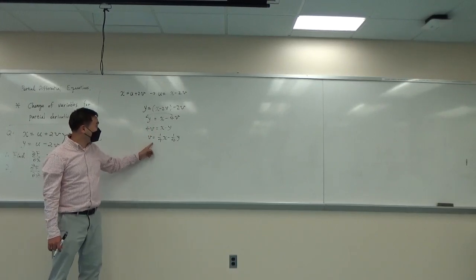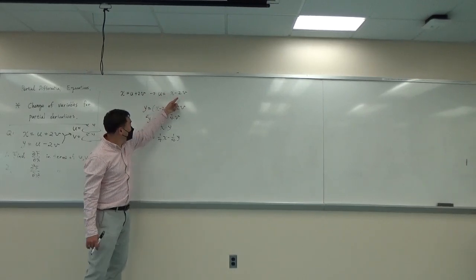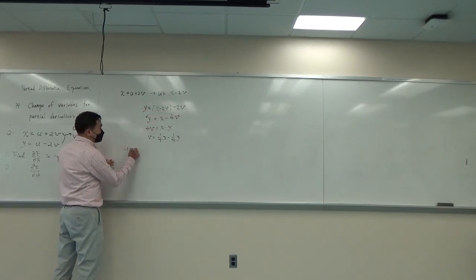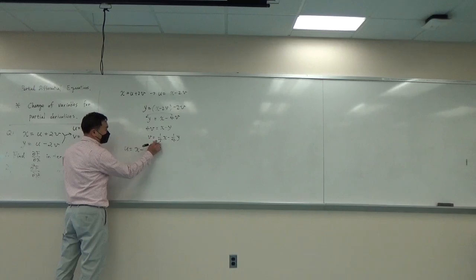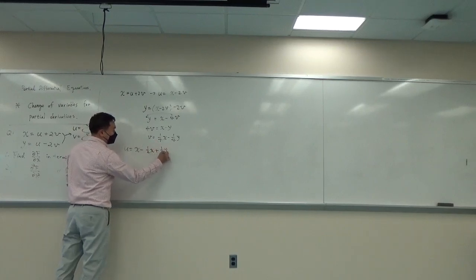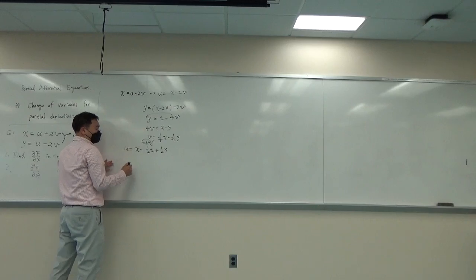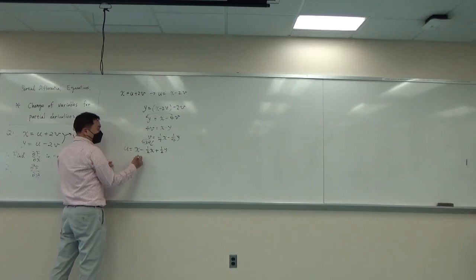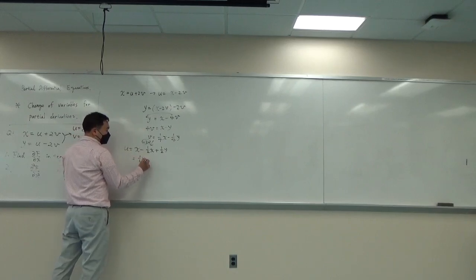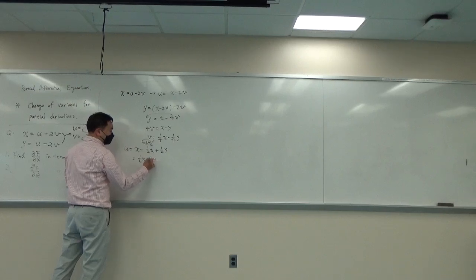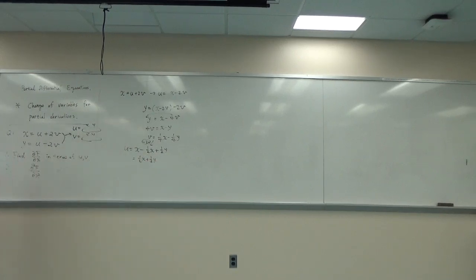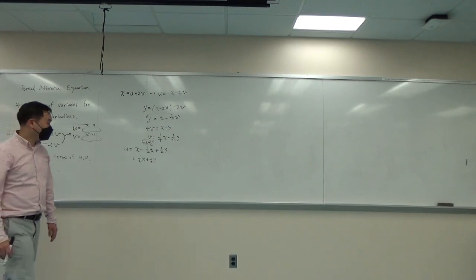Now once you have that, you can plug it back in here. And you get u equals x minus twice of 1/4, which is 1/2 x plus 1/2 y. So this right here, negative 2v is computed, and that gives you 1/2 x plus 1/2 y. Okay, so that's what we have.